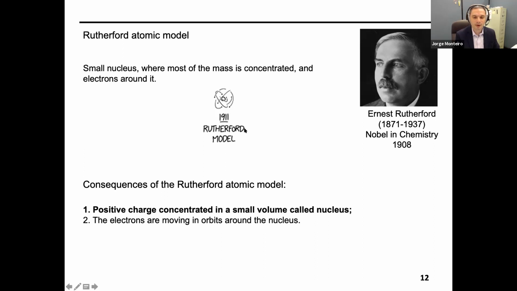Okay, so therefore, for the first time, we have two different regions in an atom. The first one is a very small volume, positively charged, and most of the mass is in there, which is the nucleus. And the second part of the atom is very light, has negative charge, and is composed of the electrons.